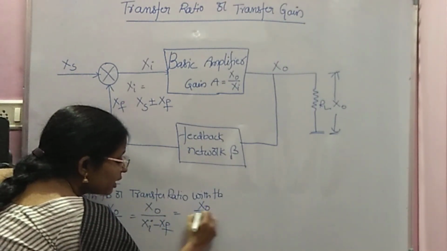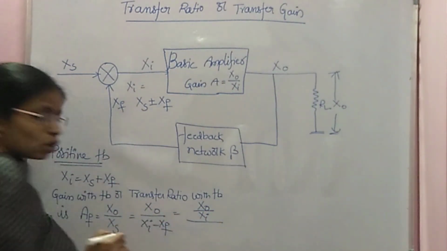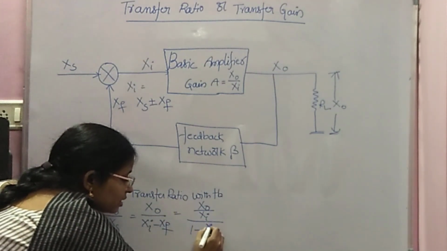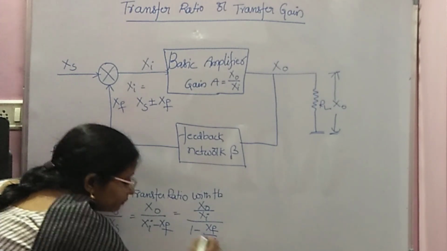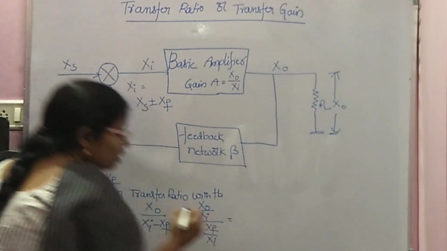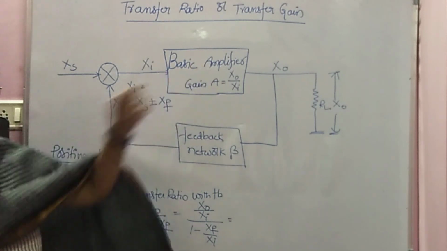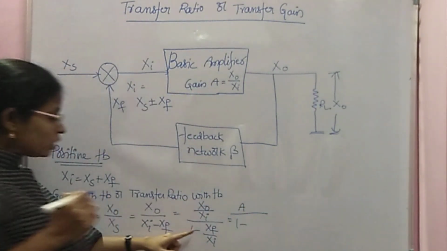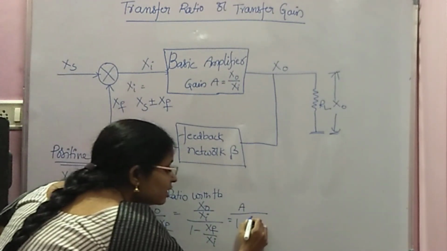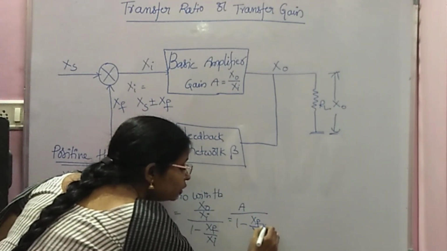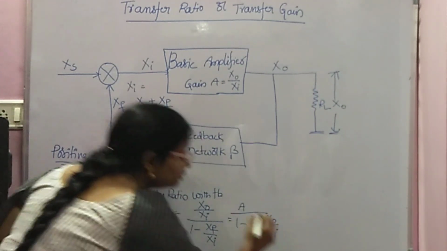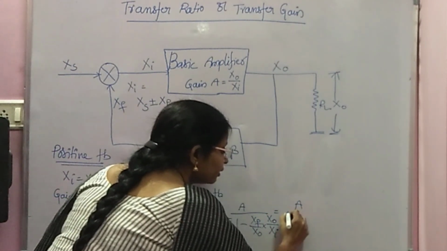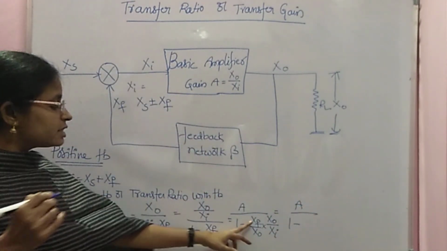If you divide, X naught by Xi, and Xi by Xi becomes 1. So 1 minus Xf by Xi. X naught by Xi is nothing but your A. So A by 1 minus, you can write Xf by Xi as Xf by X naught into X naught by Xi.